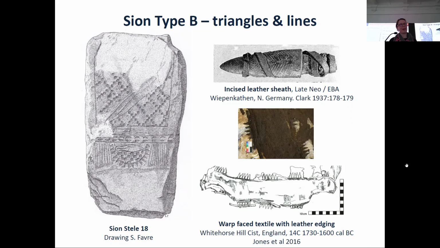So we're looking quite far here, but I think we mustn't forget that leather also has this capacity to be decorated in a number of different ways. So these are very much looking at the motifs as a formal analysis, looking at shape and to try and understand techniques and materials.